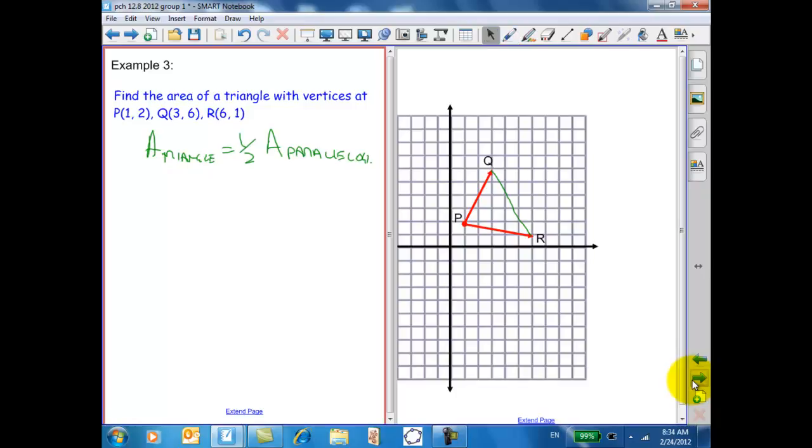Should we? Yeah. We got definitely a whole one there. 1, 2, 3, 4, 5, 6. It's tricky.